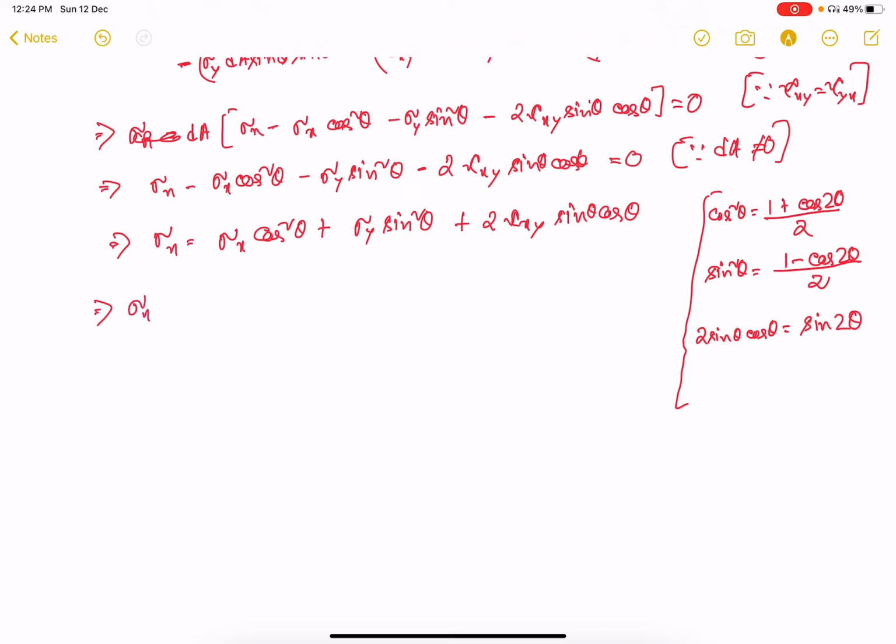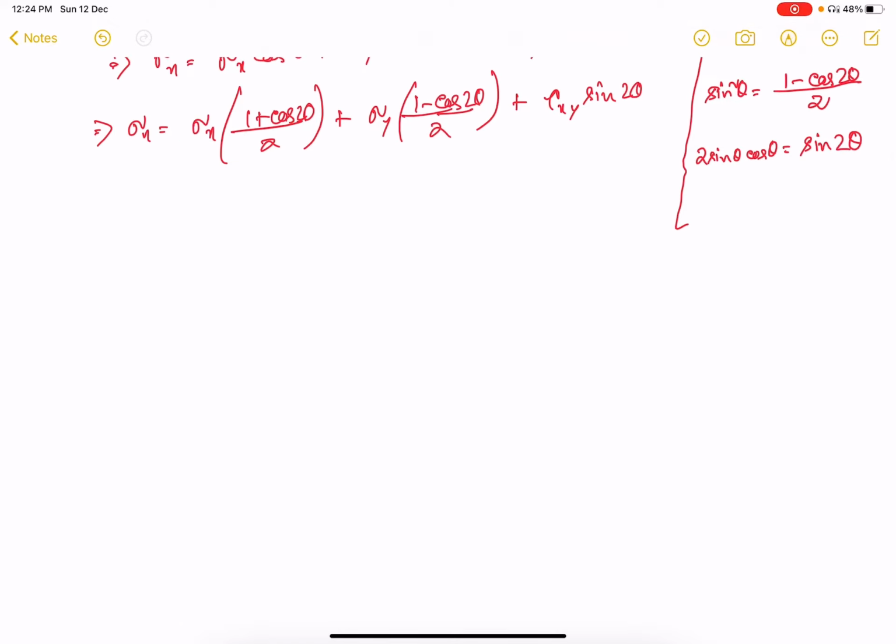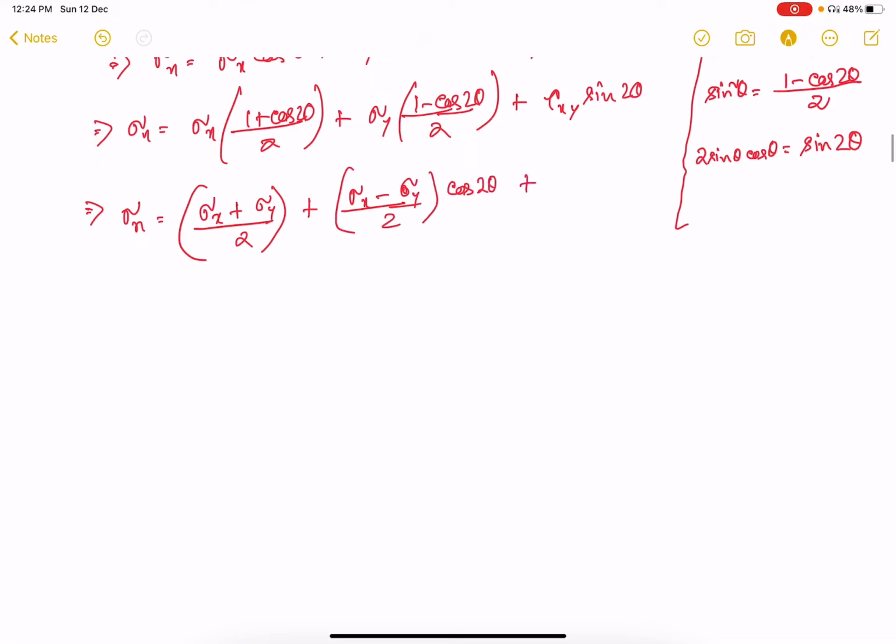So this implies sigma n is equal to sigma x times 1 plus cos 2 theta over 2, plus sigma y times 1 minus cos 2 theta over 2, plus tau xy sin twice theta. So it will give sigma n is equal to sigma x plus sigma y divided by 2, plus sigma x minus sigma y divided by 2 cos twice theta, plus tau xy sin twice theta.